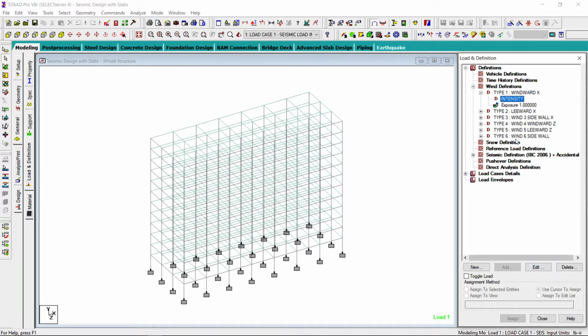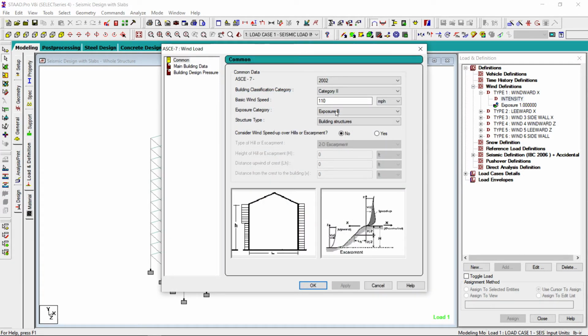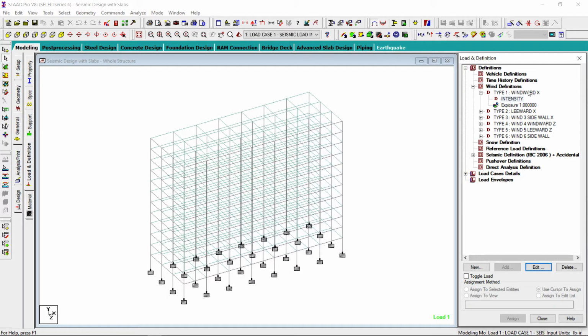For example, the first type, windward in X direction, I checked the intensity, it was calculated before. Then the wind speed was 145, and I revised this to 110. So for all these types, type 1, type 2, type 3, type 4, type 5 and type 6, the wind speed was updated. Then I modified the seismic parameters over here.